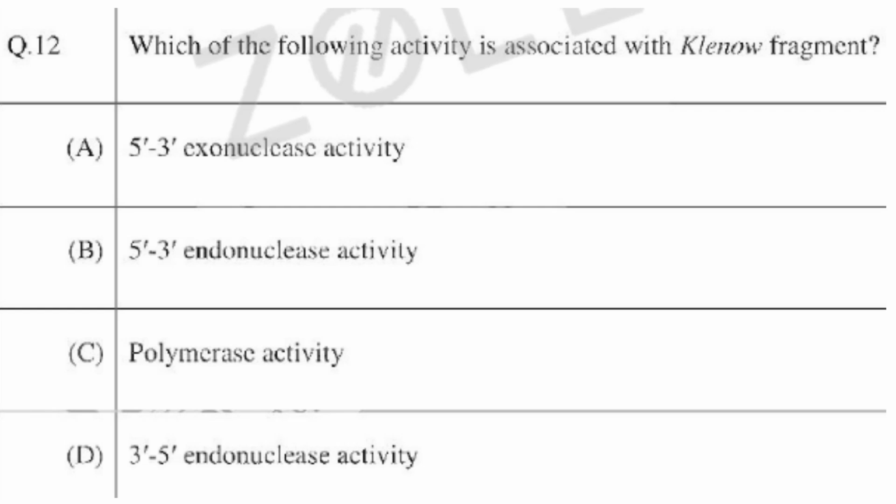So which of the following is associated with Klenow fragment? 5' 3' exonuclease activity is not found. 5' 3' endonuclease activity is also not found. Polymerase activity, yes, that is found. 3' 5' endonuclease activity is not found, but 3' 5' exonuclease activity is found, not endonuclease.